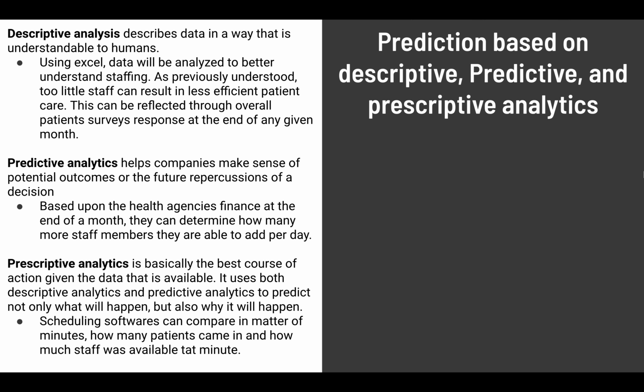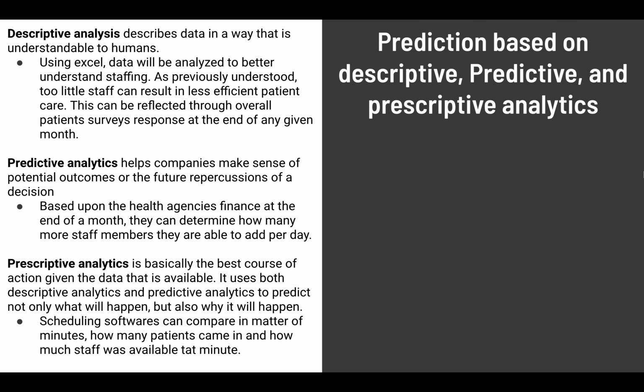Predictive analytics helps companies make sense of potential outcomes or future repercussions of any decision made. Based upon the health agency's finances at the end of the month, they can determine how many more staff members they are able to add per day. Prescriptive analytics is basically the best course of action given the data that is available.